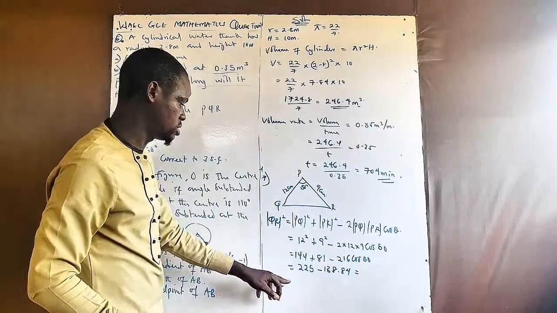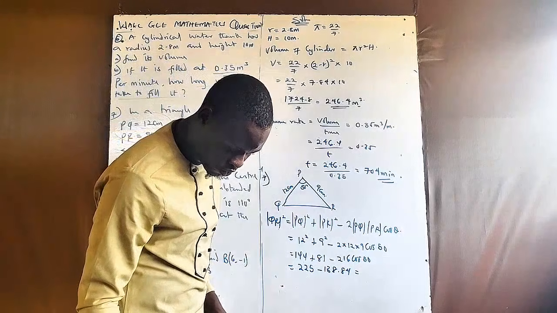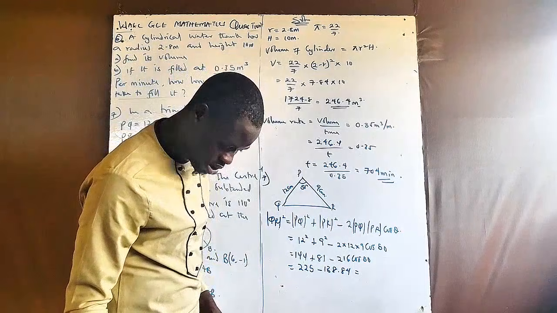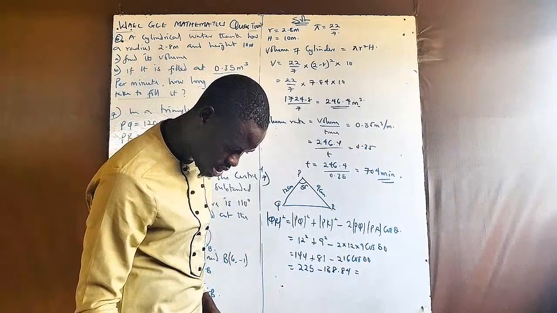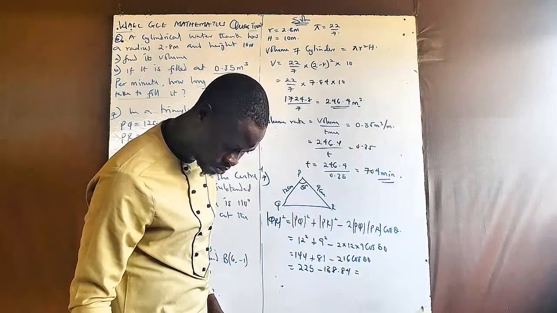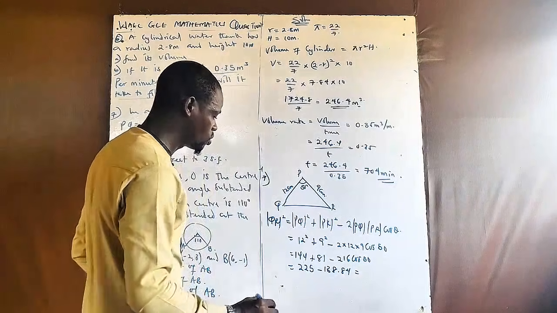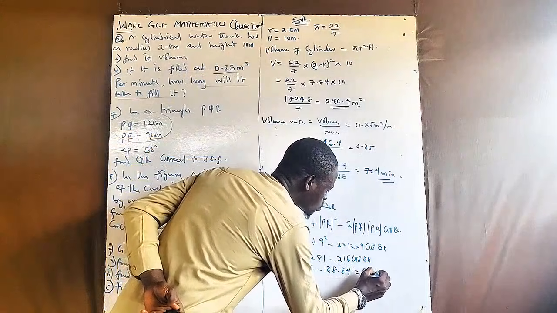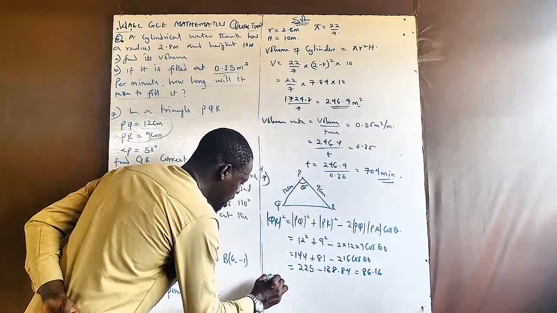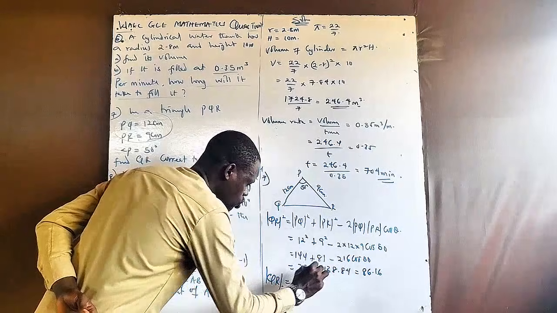If I subtract these two, 225 minus 138.84, I have 86.16.